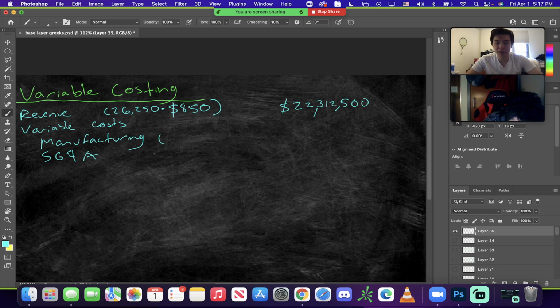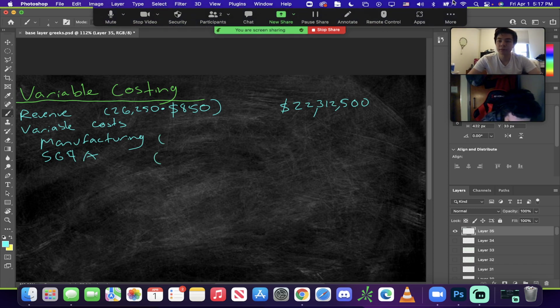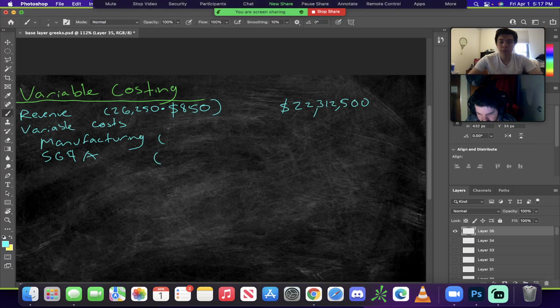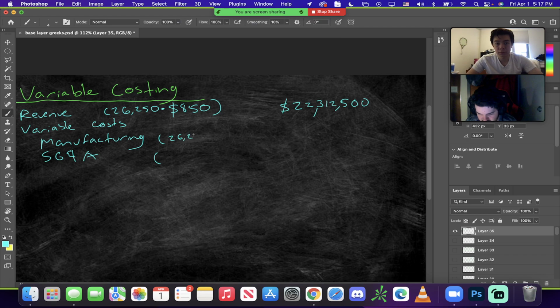And what do we multiply for manufacturing and SG&A? The units sold again. Would it be the direct materials, the stuff under there? Just direct materials or more than that? Would it be everything under there?